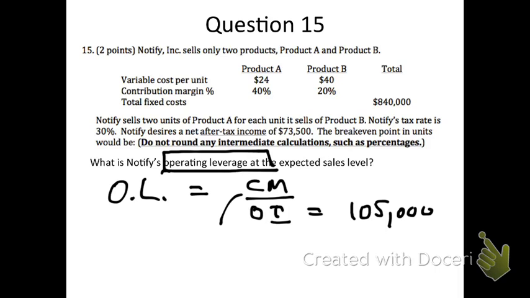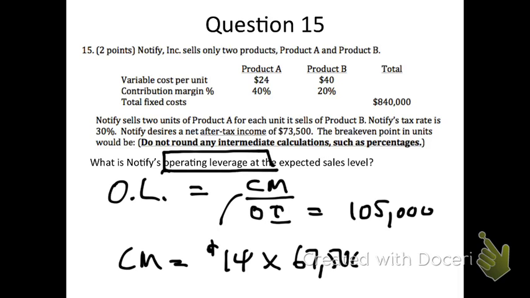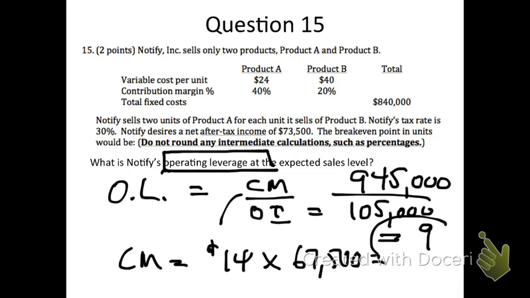And we know what contribution margin is because the contribution margin is going to be the weighted average contribution margin per unit times the 67,500. So I take 14 times 67,500. I know that the total contribution margin is 945,000. So I know the operating leverage is 9.